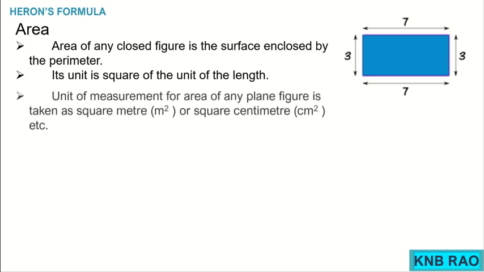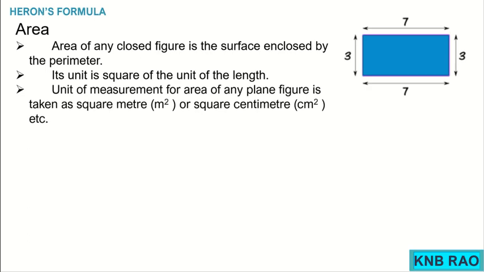So the unit of measurement of area of any plane figure is taken as square meters or square centimeters. For example, in this rectangle, area is 3 into 7 centimeter square, that is 21 centimeter square.